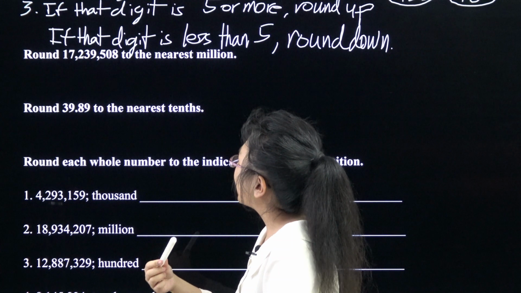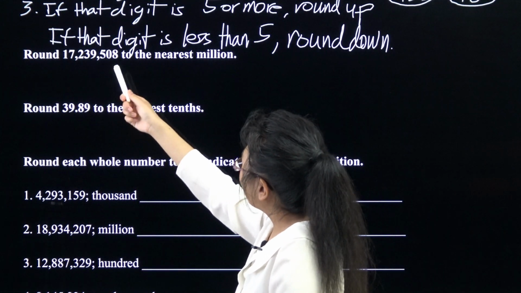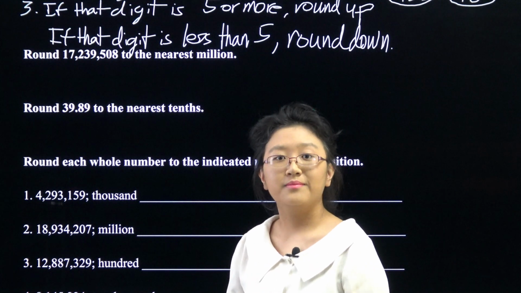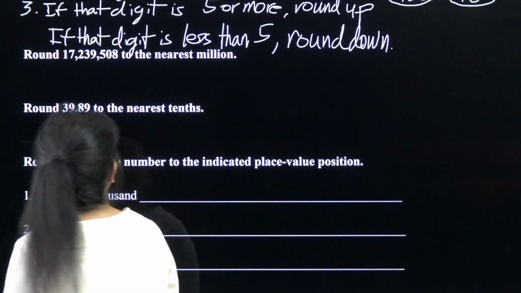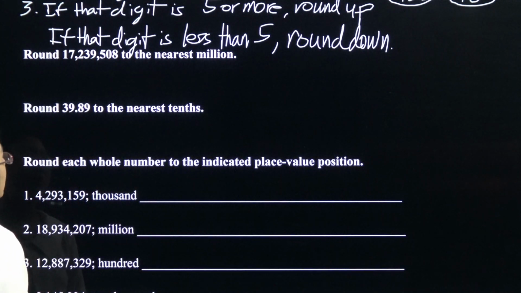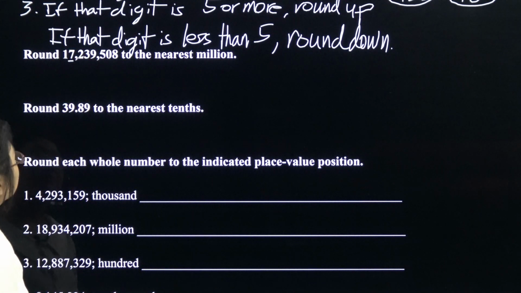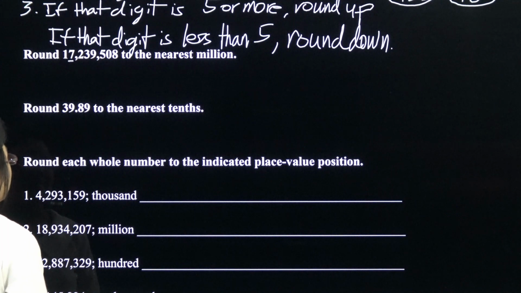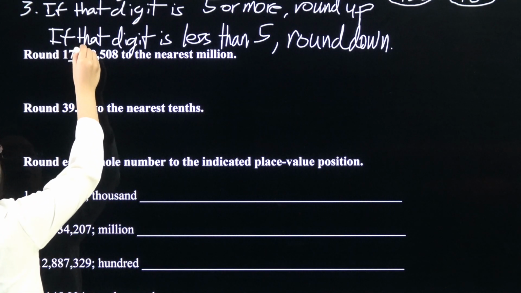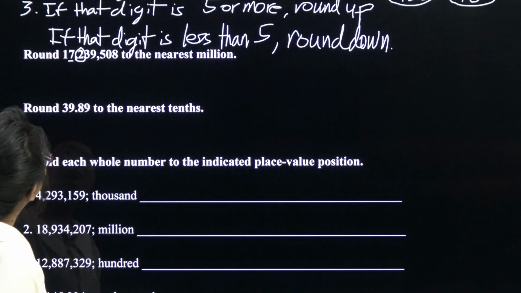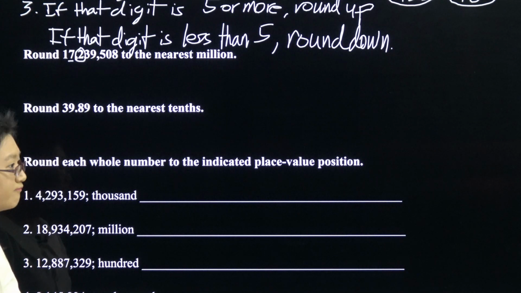Now let's do some practice. Round, oh, that's a big number, 17,239,508 to the nearest million. Well, first step, look at the digit you're supposed to round to, which is million. Second step, move 1 right. So, we get 2.